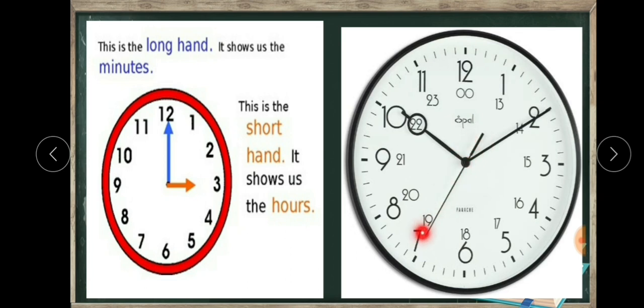And the second hand moves from one point to the next point in 1 second. Okay children, in the clock there are three hands: hour hand, minute hand, and second hand, and the numbers from 1 to 12. Each number shows 5 minutes.